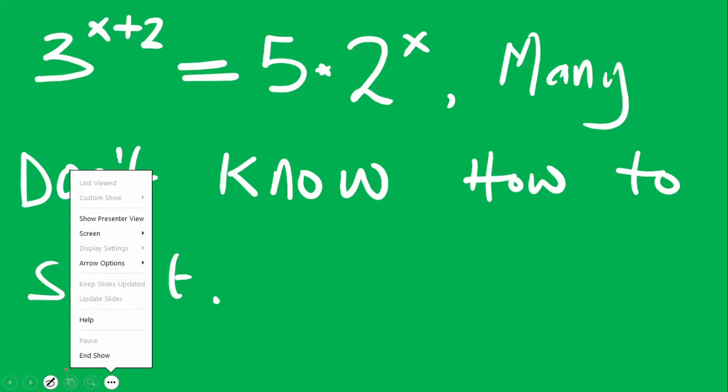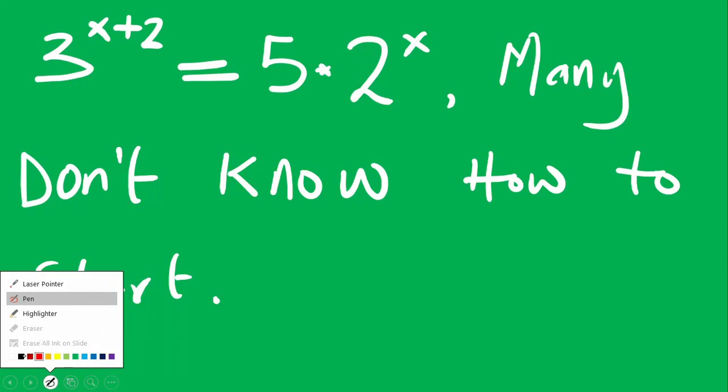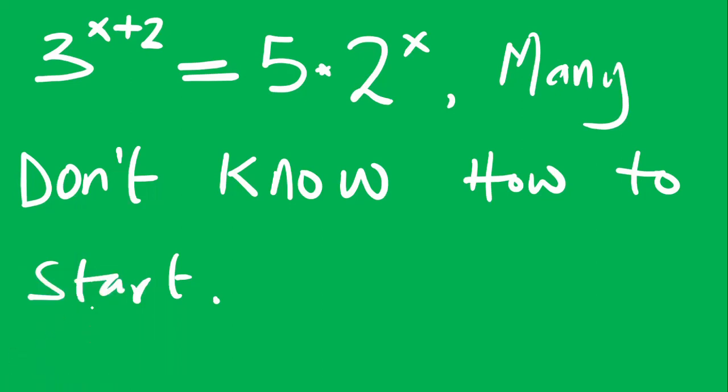Now let's begin. Let me change the color of the pen to white. The question is 3 to the power x plus 2 equals 5 times 2 to the power x.